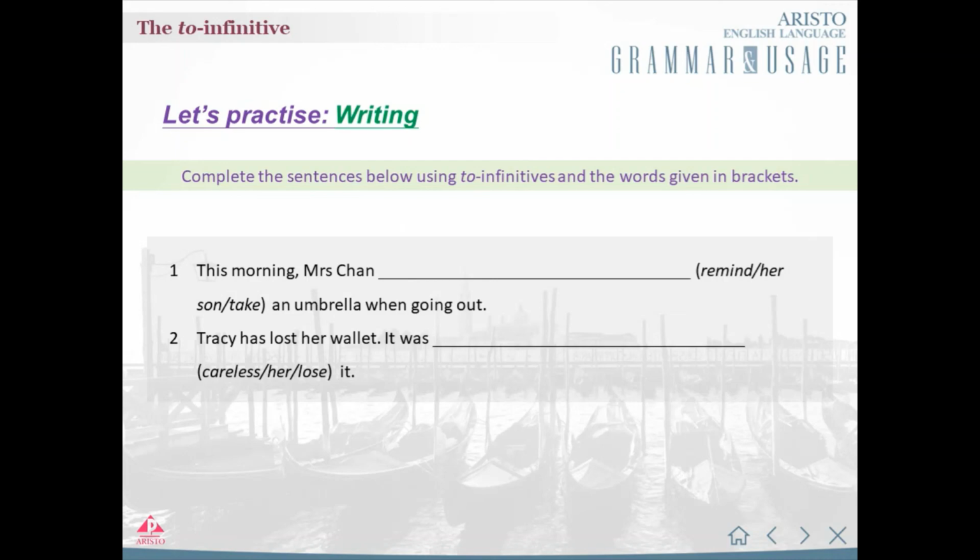The answers are now on the screen. The first answer is, reminded her son to take, while the second answer is, careless of her to have lost. As the action of losing the wallet took place before this observation was made, the perfect form is used.